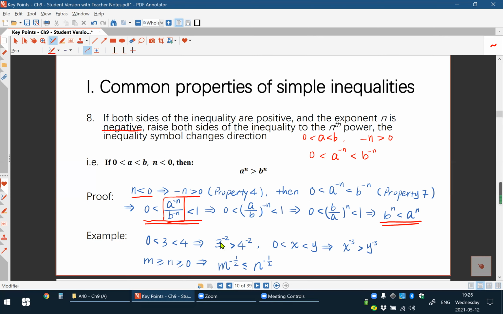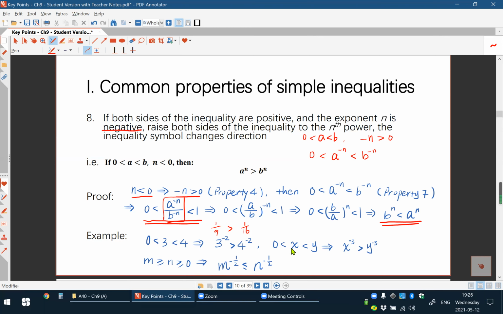So if we raise them to the -2th power, that means 3 to the -2 is greater than 4 to the -2, right? If you verify this, 3 to the -2 is actually 1/9, right? 4 to the -2 is 1/16. Which one is larger? Of course, the left-hand side is larger than the right-hand side, right?